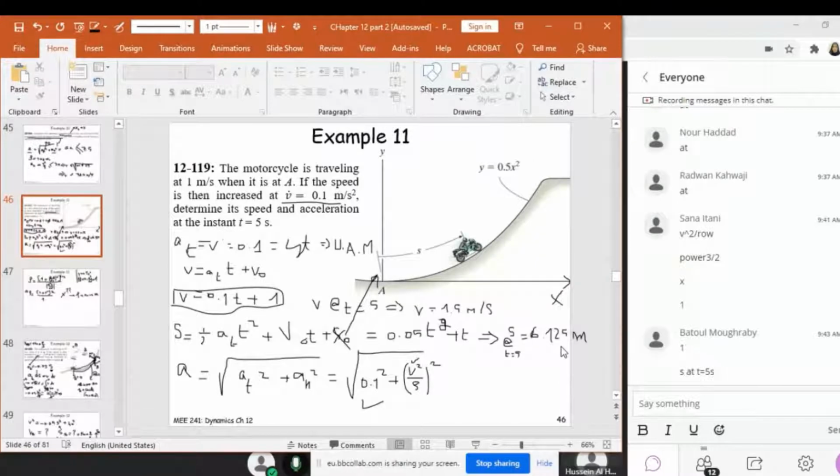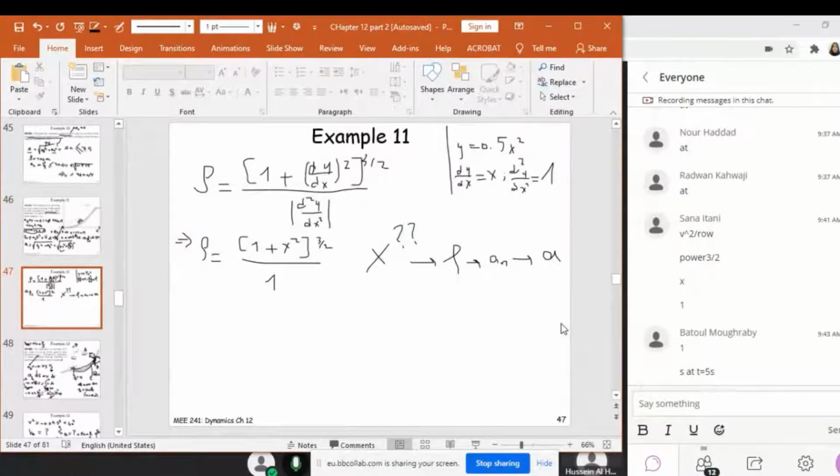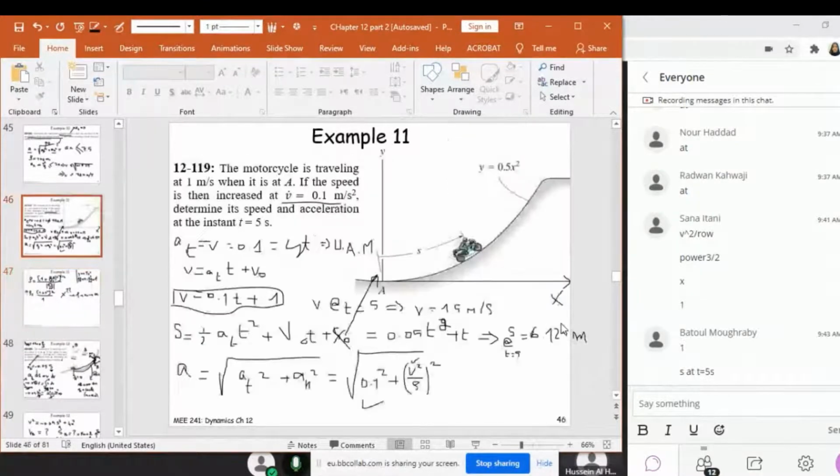Because in fact, I know the equation of y in terms of x. If I relate s to y, it could also be solved because I know y is equal to 0.5 x squared. So how can I relate this s to x in order to find x, so that I can know rho, so that I can know a_n, so that I can know a? What do you think, guys? How?